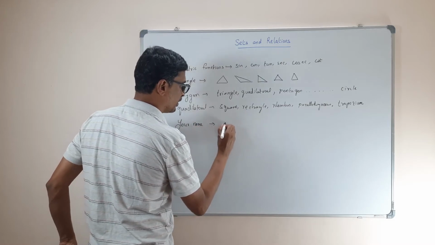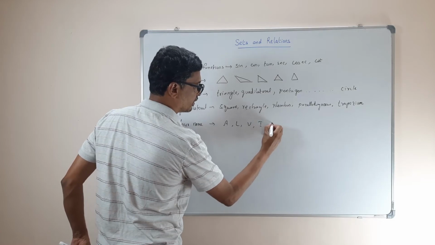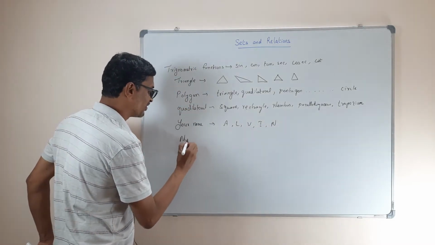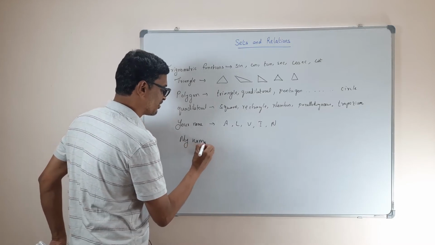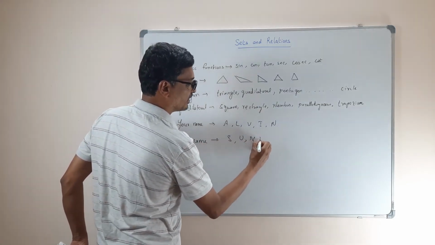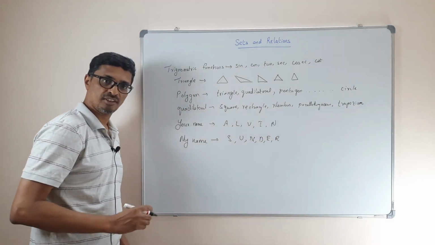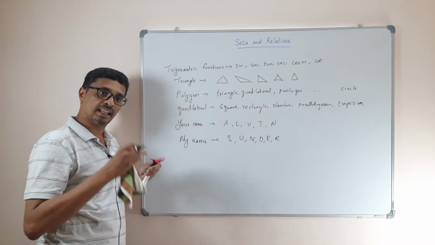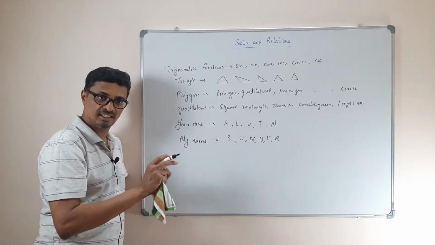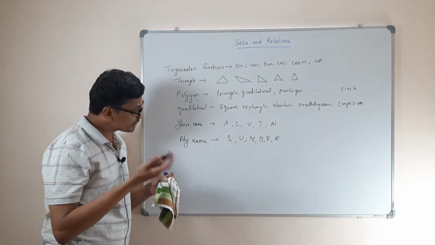A L V I N. My name: S U N D E R. So we have a collection of many objects, a collection of objects.